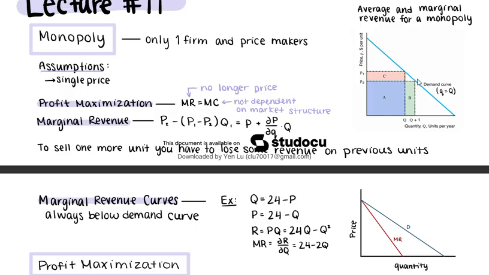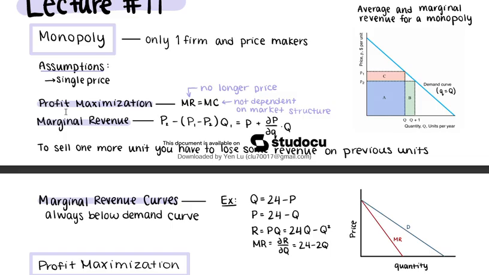And if the monopolist wants to sell one more product, it's a kind of marginal revenue. So if the monopolist wants to sell one more product, here is a poisoning effect.